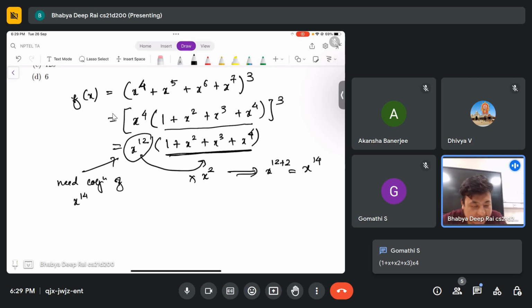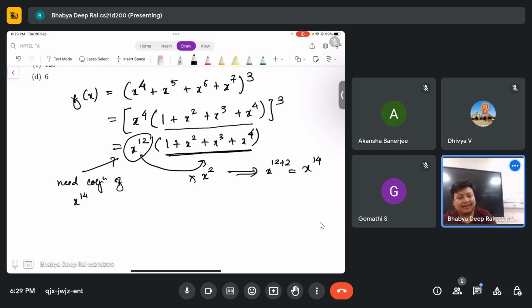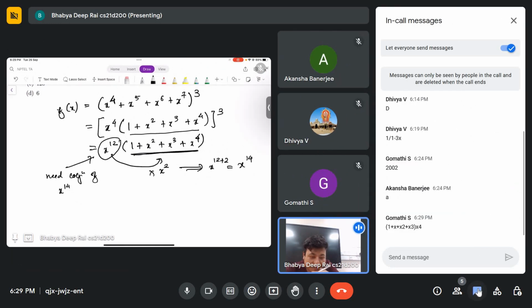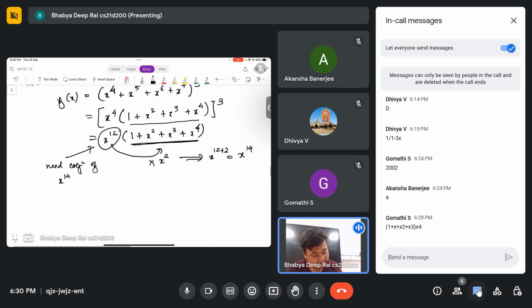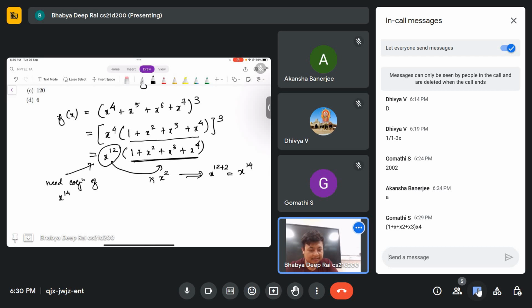Gomati says 1 plus x square times 4 to the power 4, you mean. Wait, let me see again. Gomati says 1 plus x square plus x cube times 4. Times 4, okay. To the power 4, you mean? But it's to the power 3.